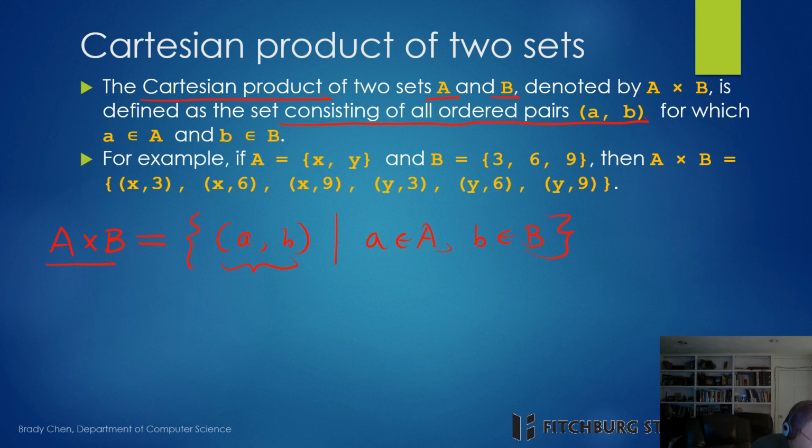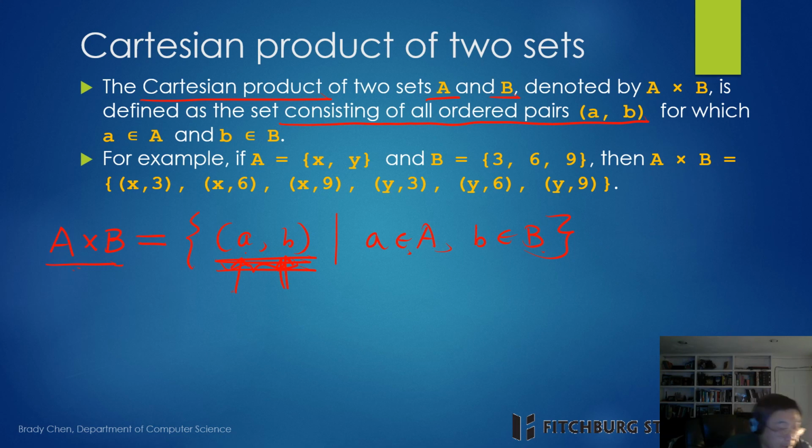The Cartesian product is a new set which consists of ordered pairs, where the first element in the ordered pair belongs to A and the second element belongs to B, and that's an element which belongs to A times B.